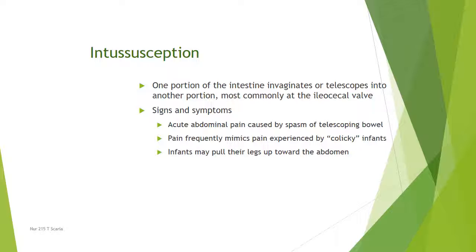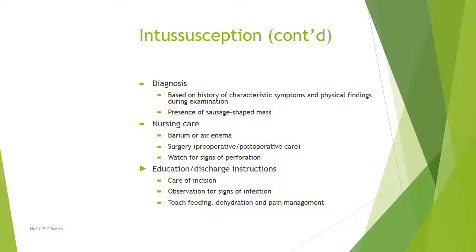That is something with intussusception, a little classic about that. Diagnosis of intussusception is based on history of characteristic symptoms and physical findings during examination, and presence of a sausage-shaped mass in the right upper quadrant.